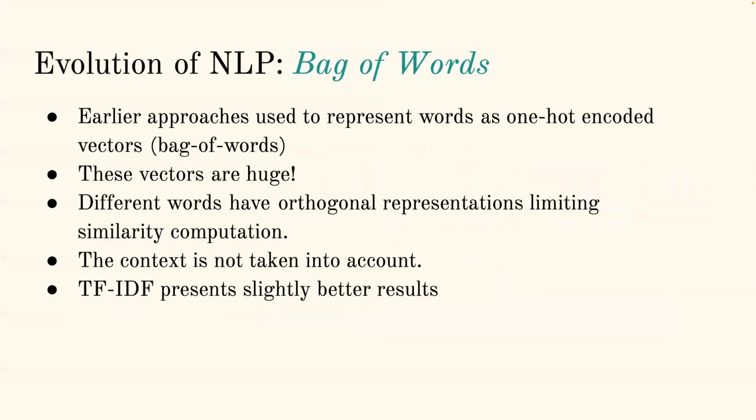Now, let's move on to the evolution of NLP. In the earlier days of NLP, what people used to do is called bag of words. The idea is actually very simple. You take a document and try to convert each word into its own feature. Suppose you have a document of like 10,000 words and it has like 100 or 2,000 sentences.